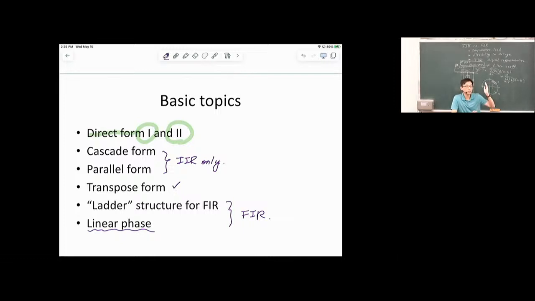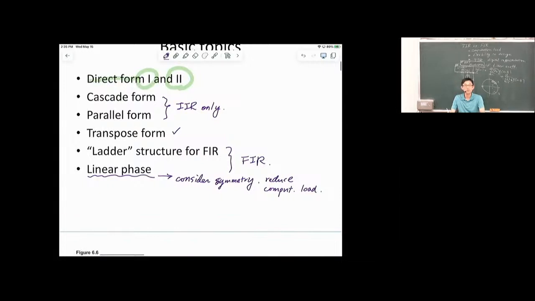So there is a simple trick to reduce computation load by considering this symmetry. Linear phase enables us to consider the symmetry and reduce the computation load. Okay, so these are the outlines for today's topics.